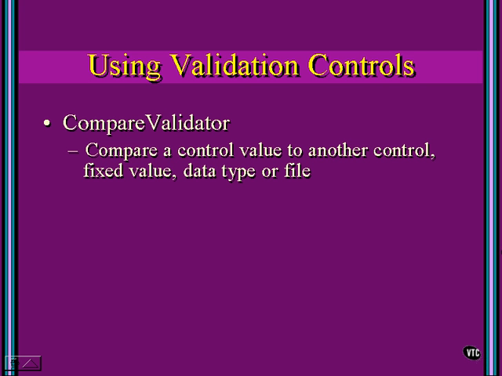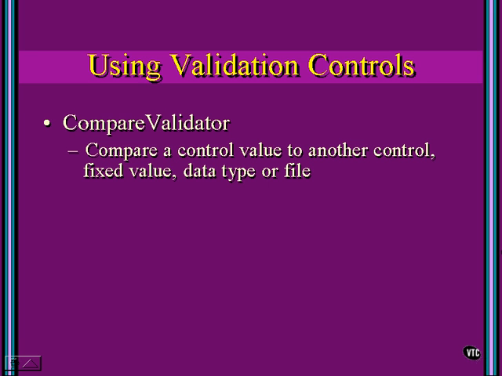Now, by dropping this guy on our web page, we use him to control the value of one control to another. And that can be huge because some of the time in your interfaces you're using a drop-down list, and based on what the user chooses, there are certain conditions on what else can be chosen. So you can set that stuff up.